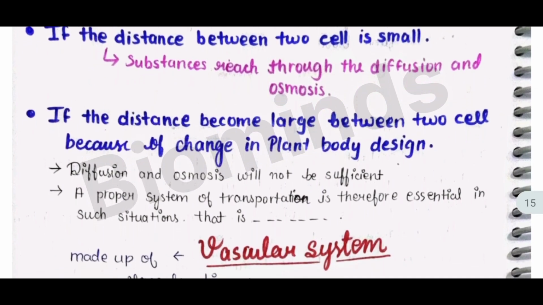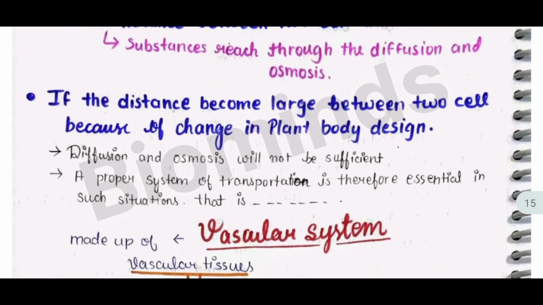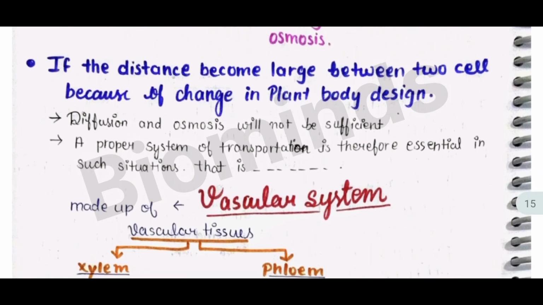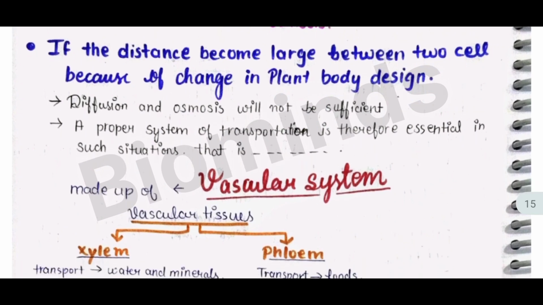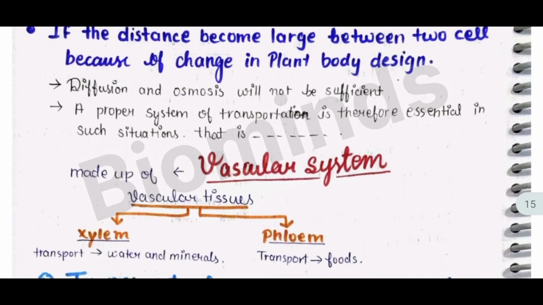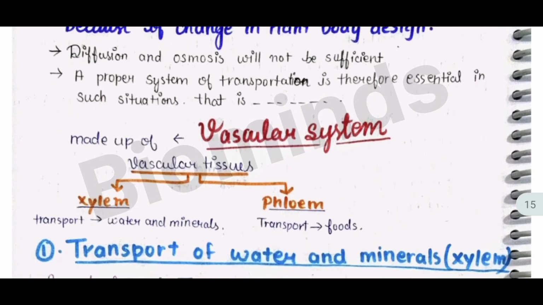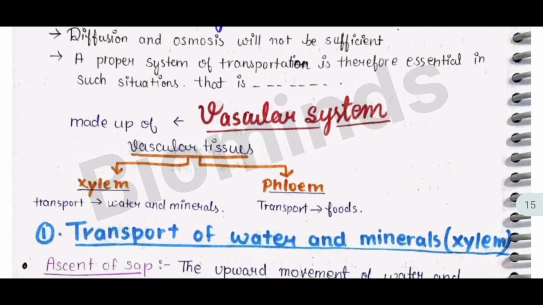A proper system of transportation is therefore essential in such situations, that is the vascular system. The vascular system is made up of vascular tissues, xylem and phloem. Xylem helps in the transportation of water and minerals, and phloem helps in the transport of food.